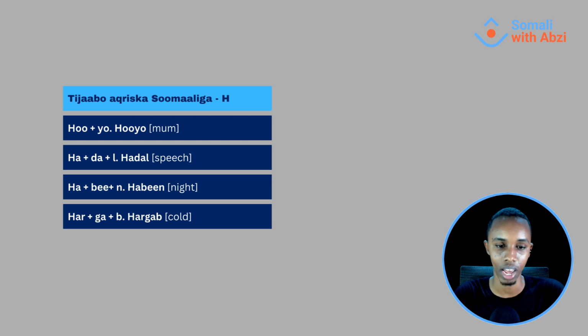Ha plus ra plus ga plus ba, Hargab. And let's go to the last part of our class, which is Tijaabo qoraalka Soomaaliga ya.